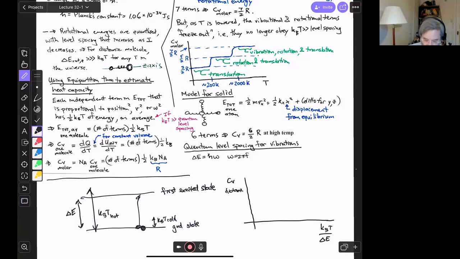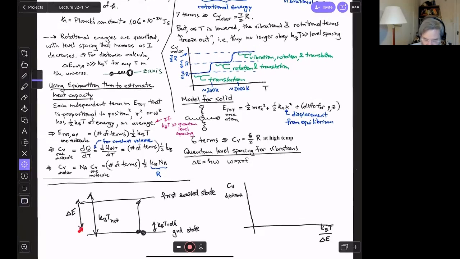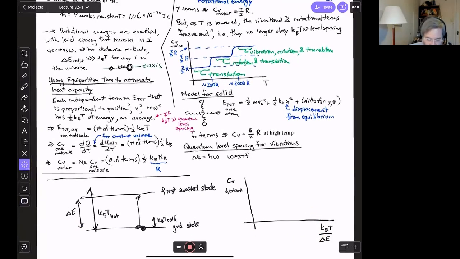But as long as delta E is fixed, it doesn't really change the shape of it. So again, you're starting off at this higher value and you're freezing out, and we're not going to worry about the lower temperatures for now.